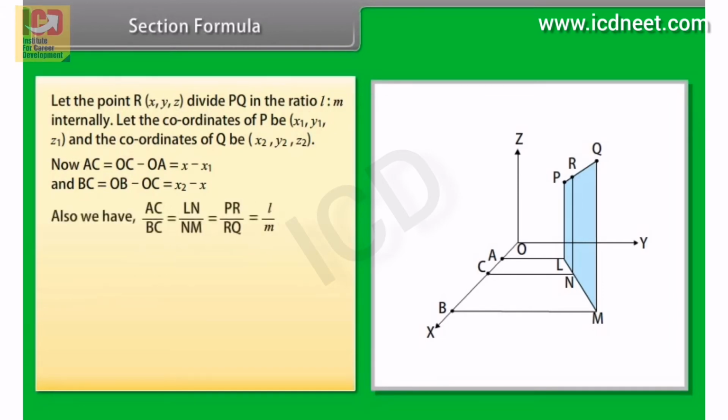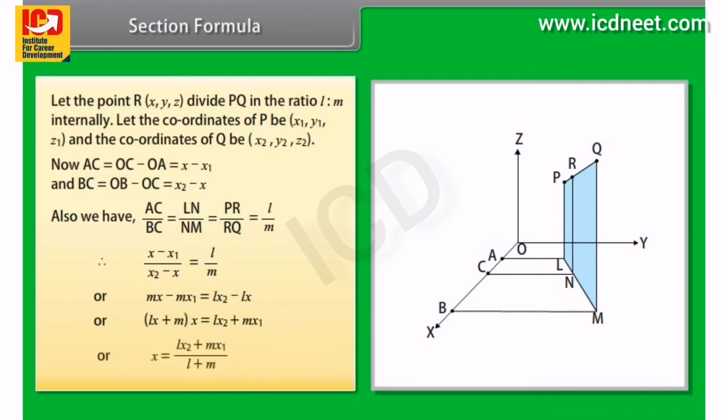Also, we have AC/BC = LN/NM = PR/RQ = l/m. Therefore, (x minus x1)/(x2 minus x) = l/m. On solving, we get x = (l x2 + m x1)/(l + m).